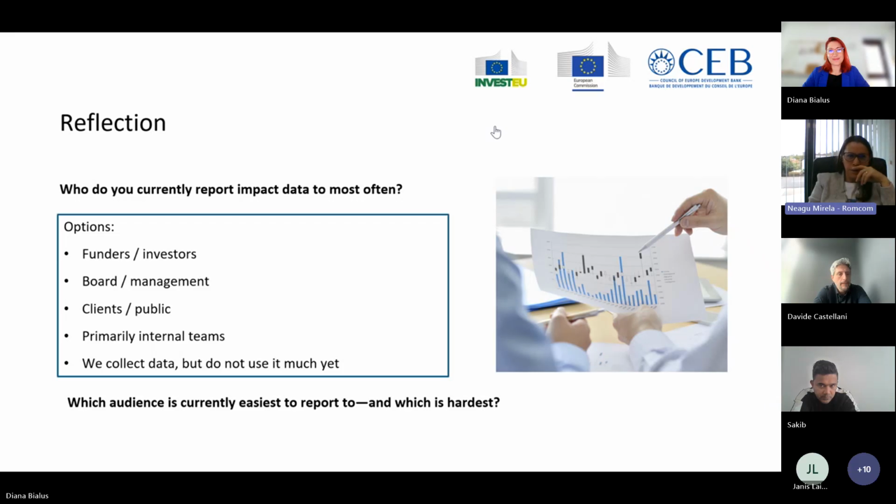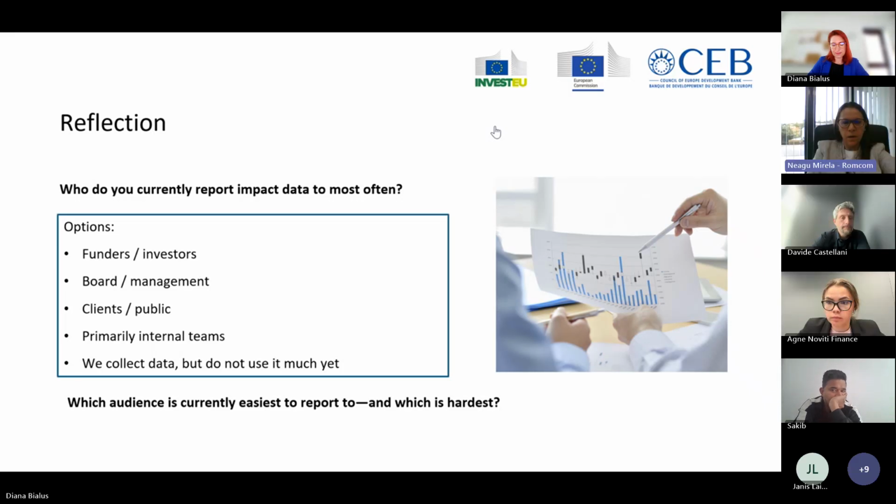I will start. We report impact data, as you said, to our fund investors, and we have a template from them. And most of the data are easy to report because we have collected them for many years, but they are very common indicators such as female, male, age of entrepreneur, rural, urban, things like that.